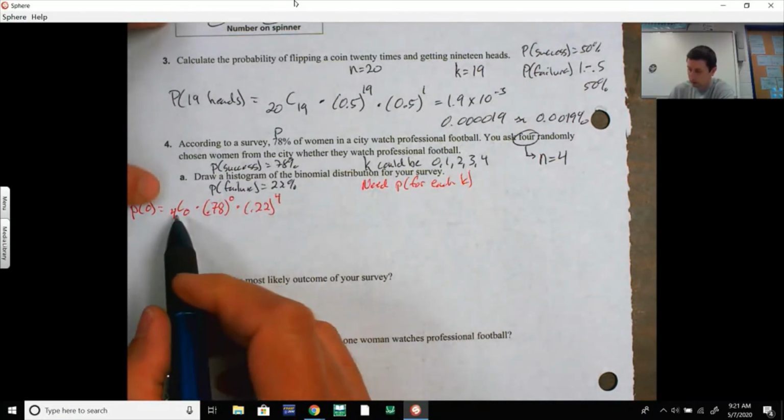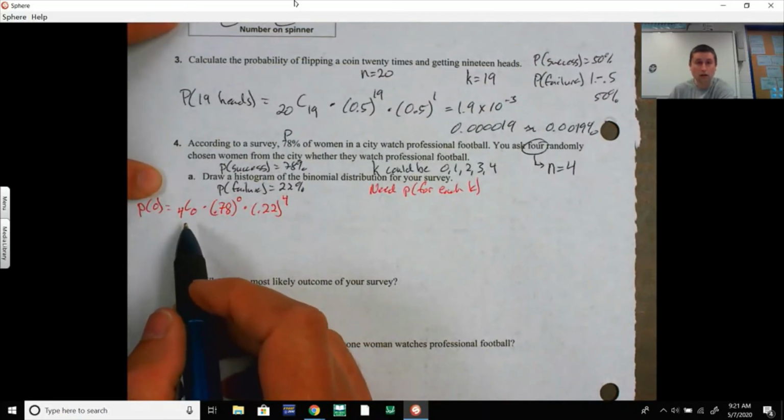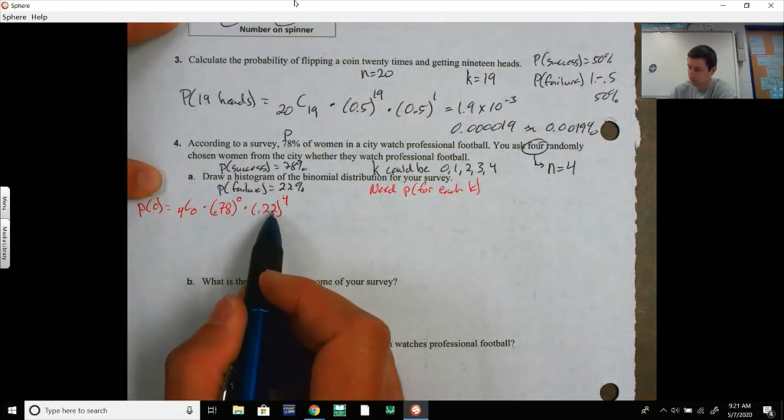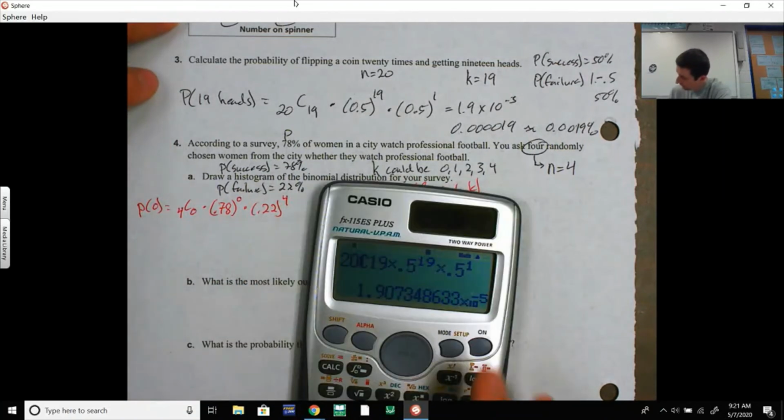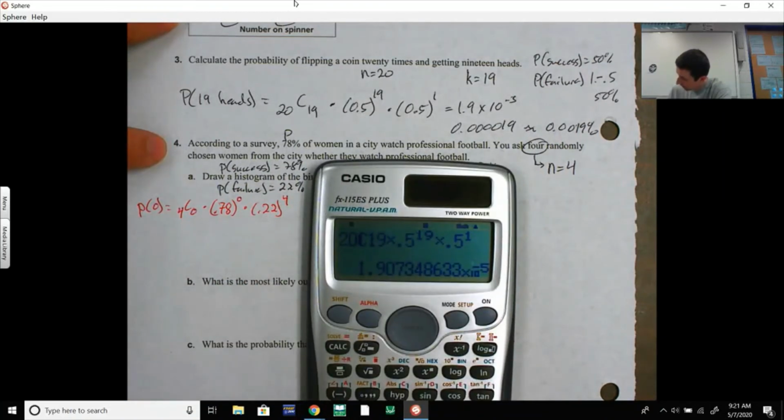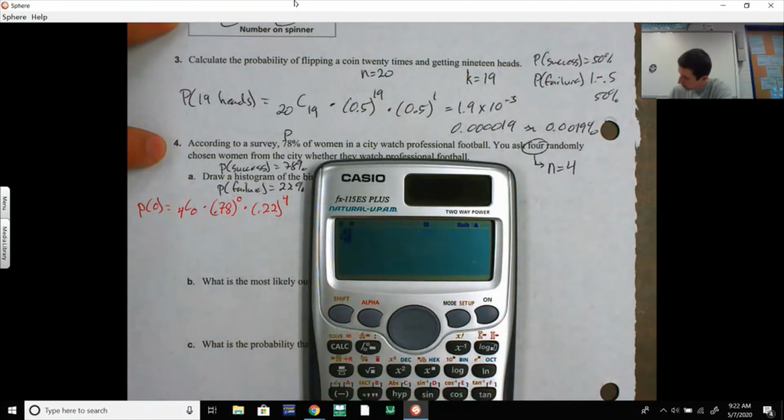Because of the 4, what's the probability that none of them would watch professional football? So we want 0 successes, we want 4 failures. So we have 4 choose 0 times 0.78 raised to the 0 power times 0.22 raised to the 4th power.